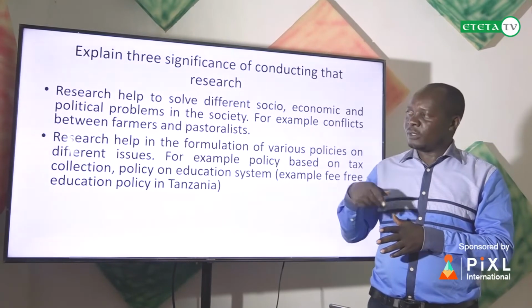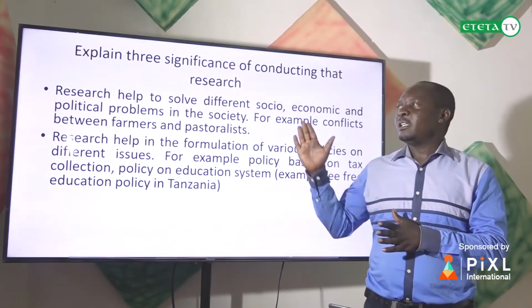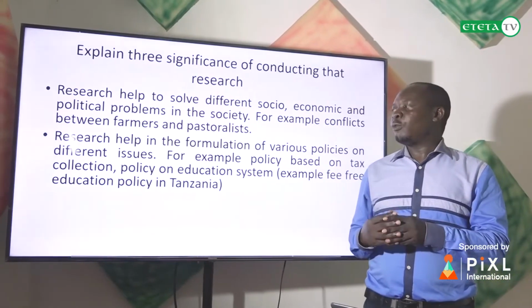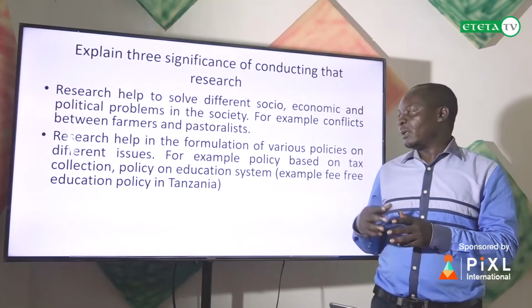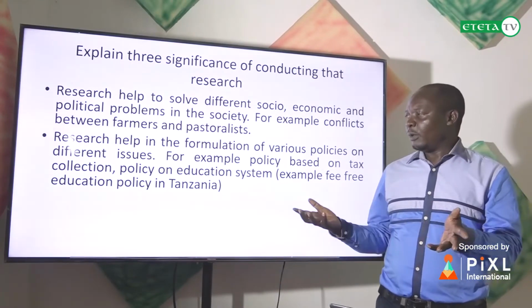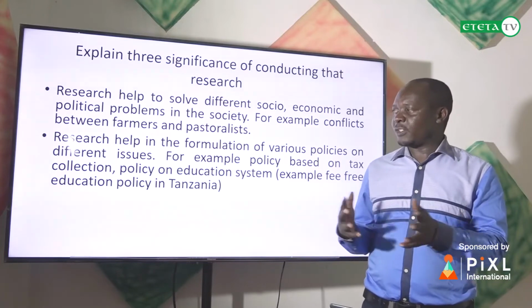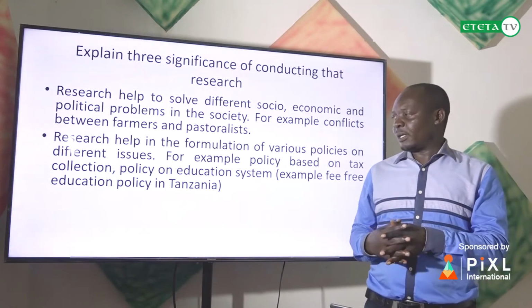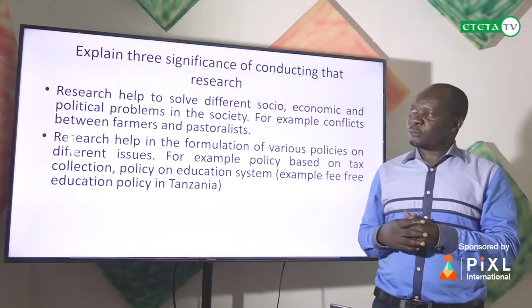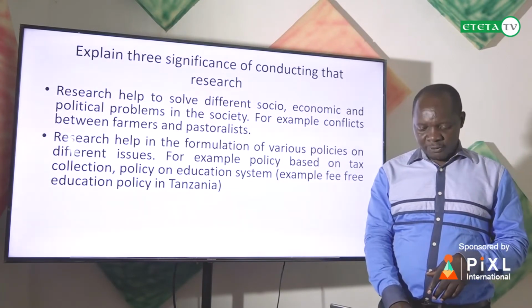So when the study is conducted, it can solve that problem. Number two, research helps in the formulation of various policies on different issues. For example, when you want to formulate policy in agriculture, or policy in the education system, such as the free education policy we have today, research can help to formulate policies.